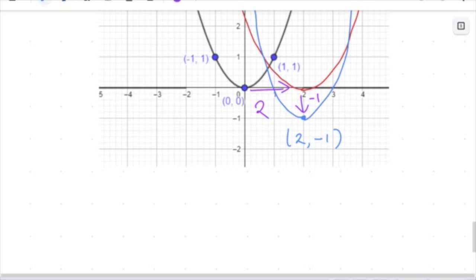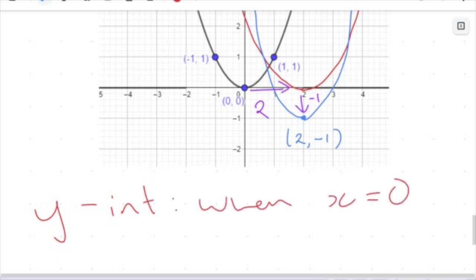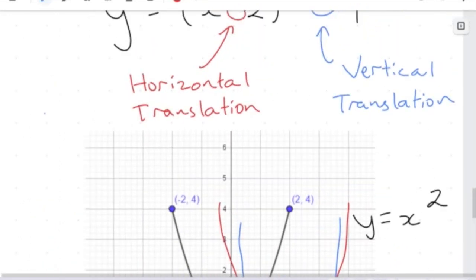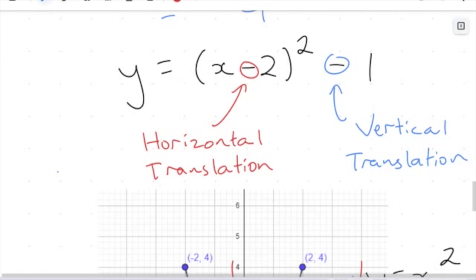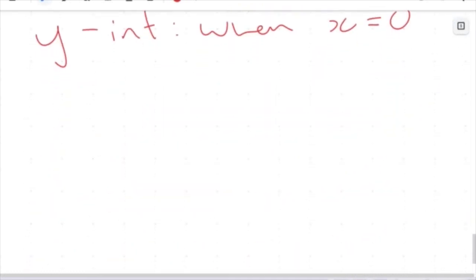And now finally, I want to calculate my y-intercept, which I get when x equals 0. Okay, now, this is my equation here. So x here equals 0. So y equals (0 minus 2) squared minus 1.